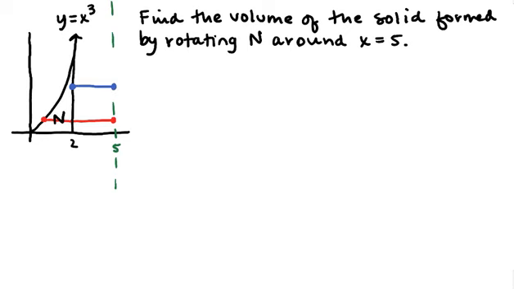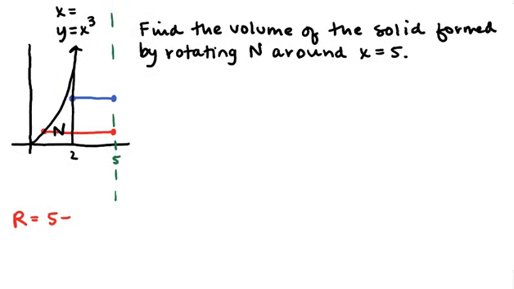Okay, the large radius is going to be x equals 5 minus the left, x equals, well, I don't have that in terms of y quite yet. So I need to solve for the inverse function by solving for x, taking the cube root of both sides.